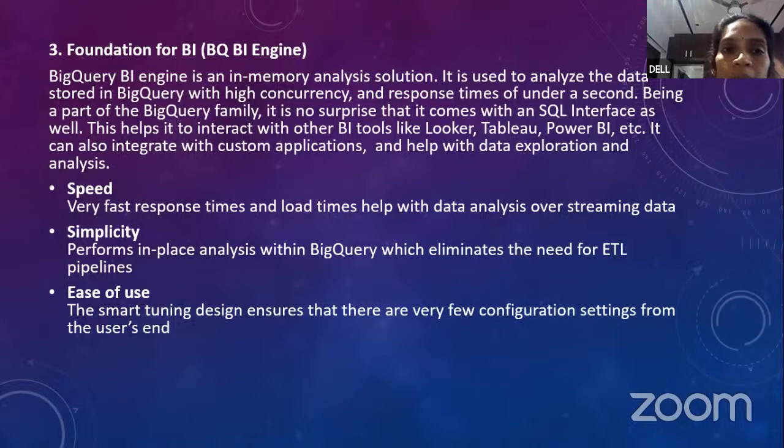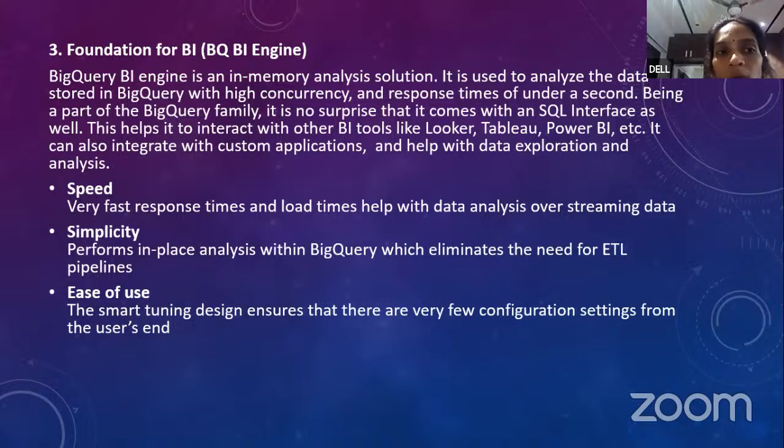But why we are using BigQuery: it will give business intelligence with very high concurrency. Response time is also very low. Within seconds it will give results. That's why we are choosing the BigQuery BI Engine part.